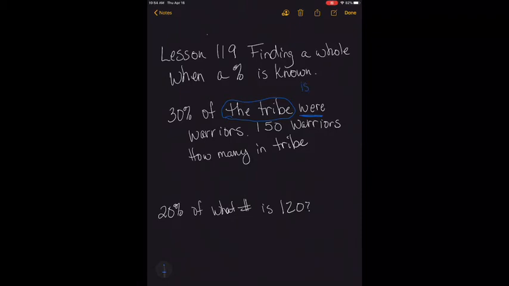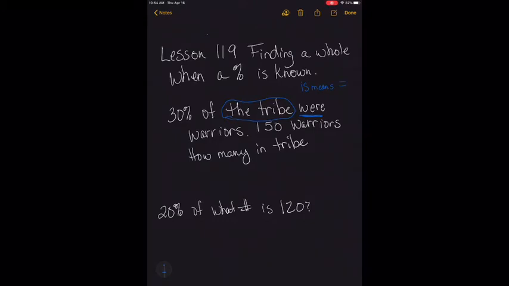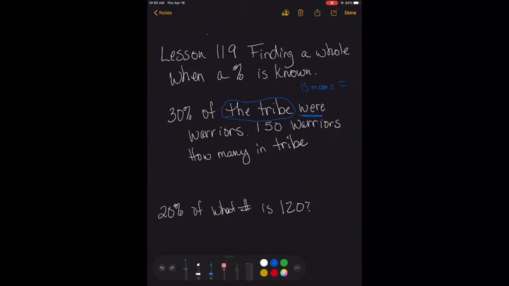Okay, so I want to point out a little grammatical thing. We've already said that is means equals in math. But we also know that am, is, are, was, were are all similar, right? So we use them in different situations, but they all basically mean the same thing. They're just used at different times.